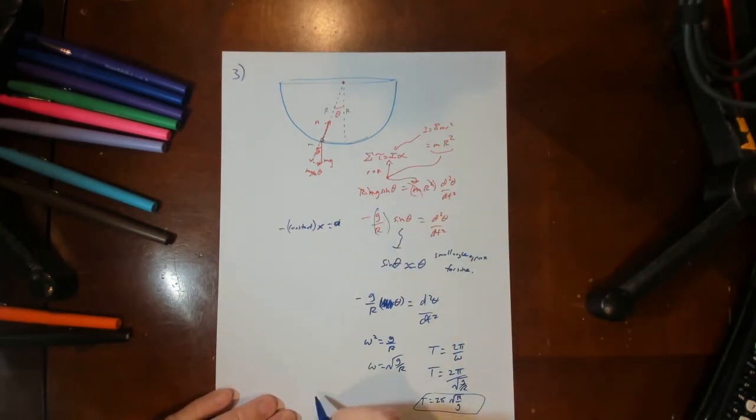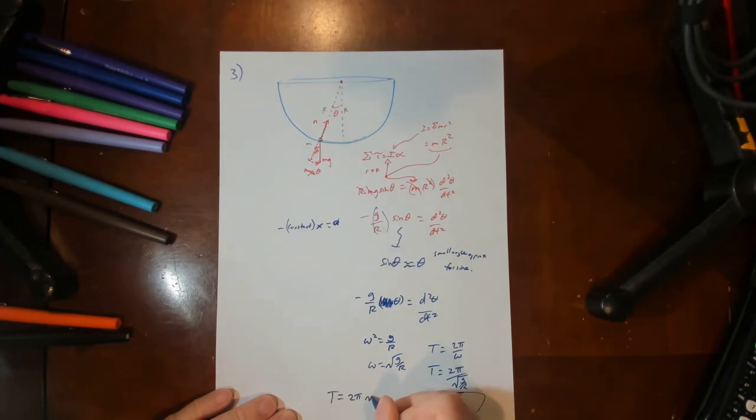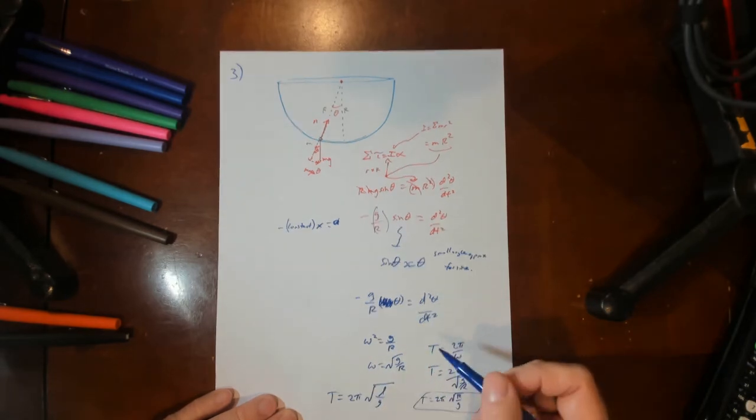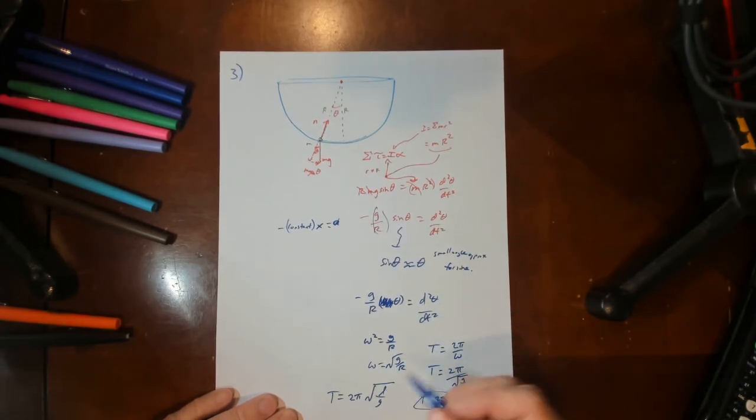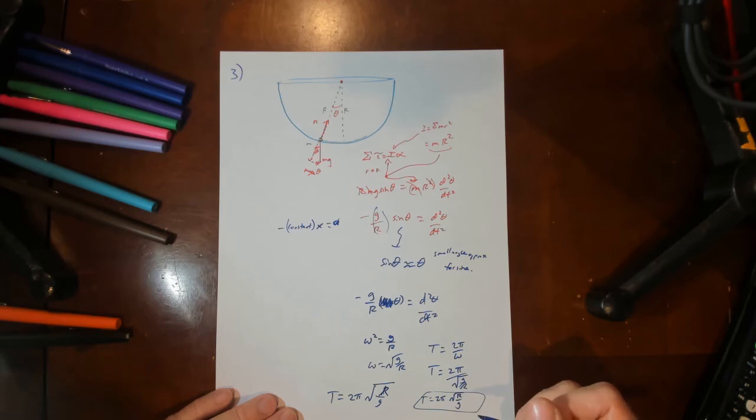What about a pendulum? Well, the formula for a pendulum is 2 pi root L over g. In this case, the length of the pendulum is r. And look, there's the same formula. That's what I was asked to show.